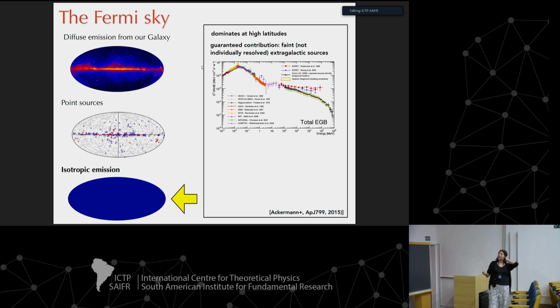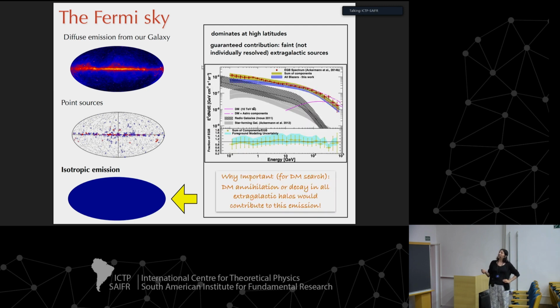Indeed, in order to make this measurement, a completely dedicated event selection was developed. So not even the normal Fermi photons can be used for this because they still contain some cosmic ray contamination. So people doing this analysis went into the Fermi data, and cleaned as much as possible all the cosmic ray backgrounds in order to make this very nice measurement.